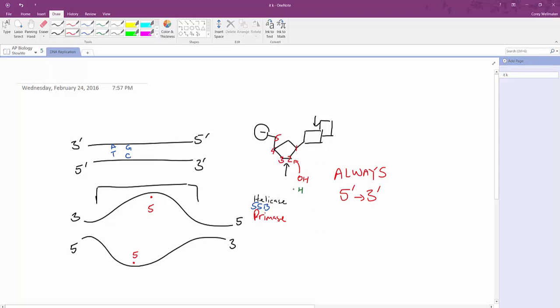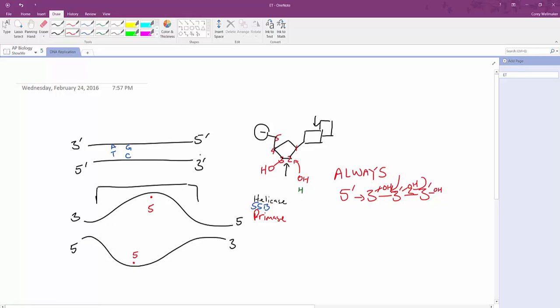The reason for this is that the 3' carbon has a hydroxyl, so that is where the dehydration reaction is going to happen. So this 3' with this OH sticking out, when we add another nucleotide to it by a dehydration reaction, I would have a 3' OH sticking out. So we're always going to be elongating from the 5' to 3'.